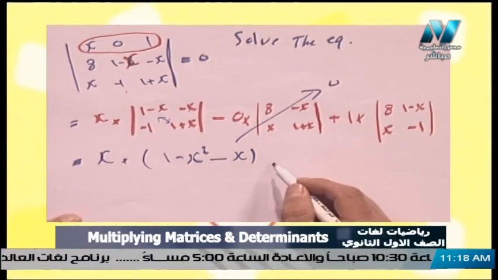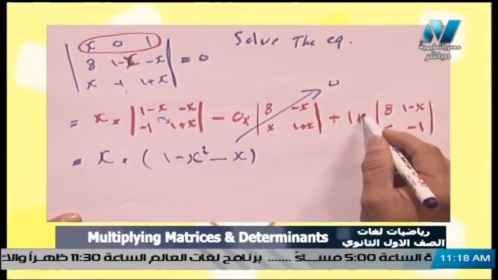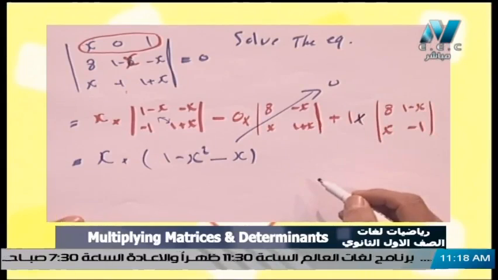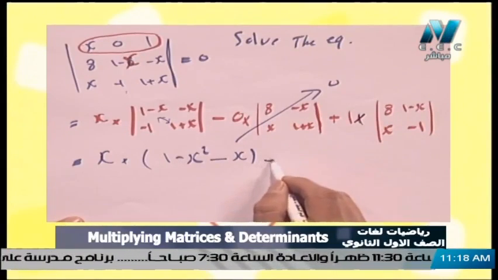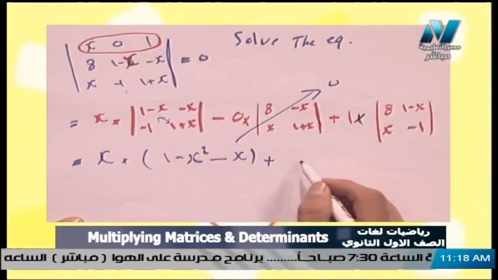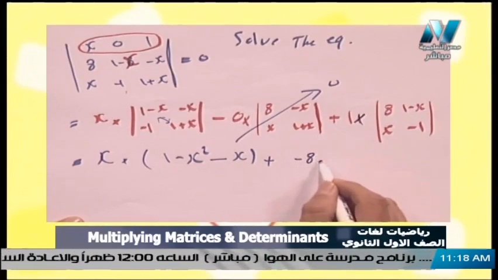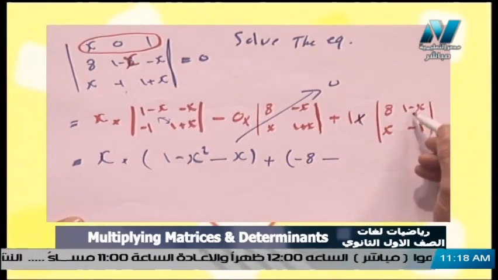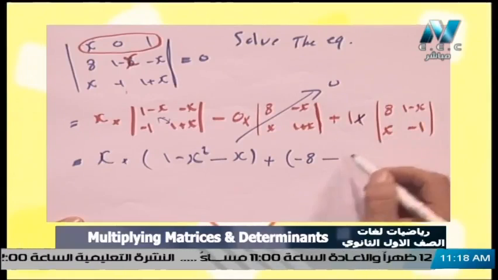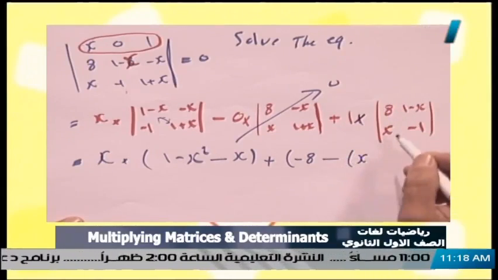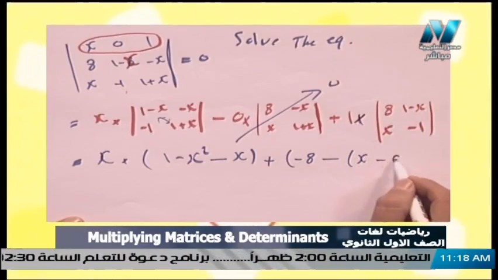The last one is 1 times this determinant: 8 times -1 equals -8, minus x times this one, x times x equals x, x times -x equals -x to the power 2.